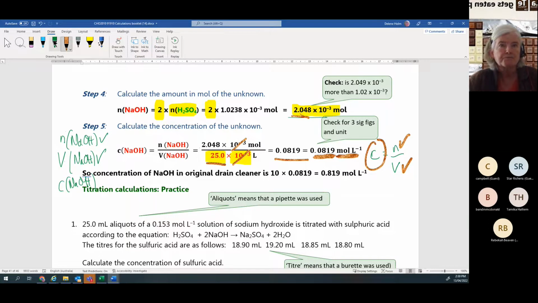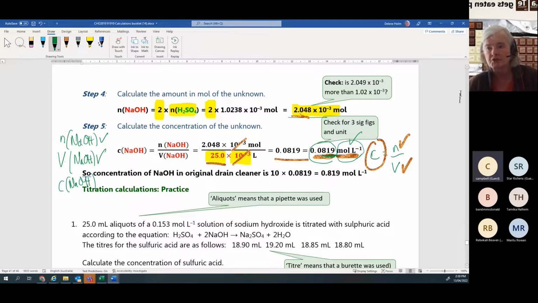So let's look at the first one. Have I got the correct unit? Hopefully with practice, you'll remember that concentration is measured in moles per liter. So yep, that's correct. Have I got the correct number of significant figures? Yep, I've got 3 significant figures. And remember what I said, if in doubt, use 3 significant figures.